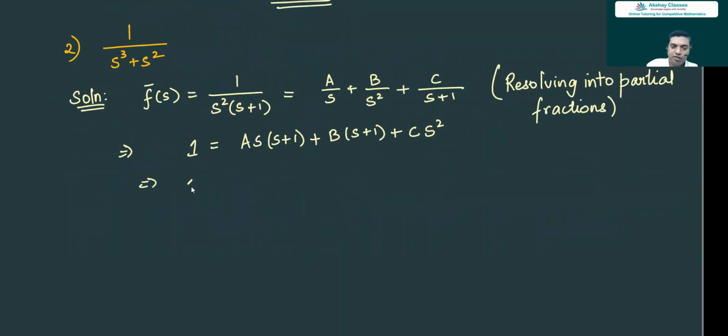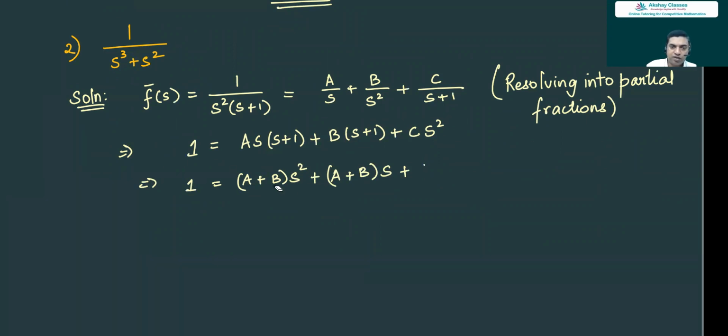So this implies the numerator 1 is a plus b times s square. Now, taking the coefficients of s, we have a and b, so we have a plus b times s. Then look at the constant, we just have b.